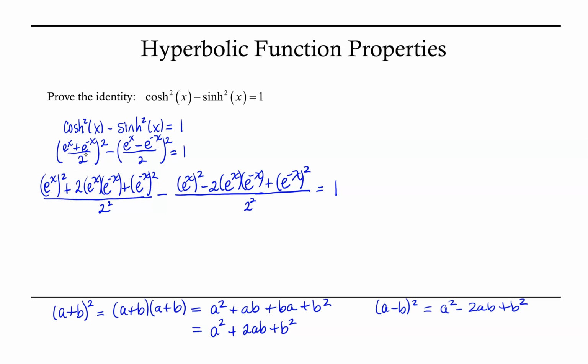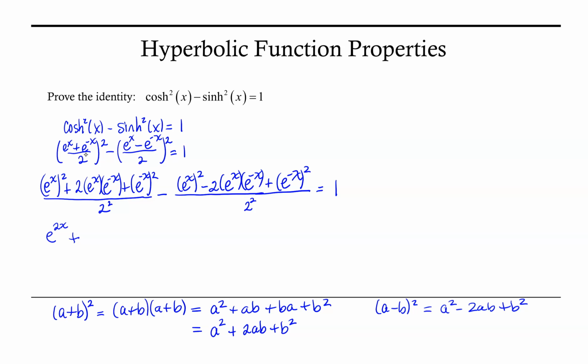Okay, so let's continue. E to the x squared, that's an exponent inside of an exponent. You multiply using properties of exponents, so e to the 2x plus now e to the x times e to the negative x.